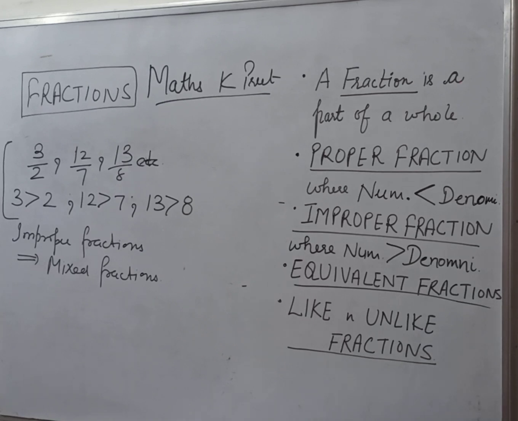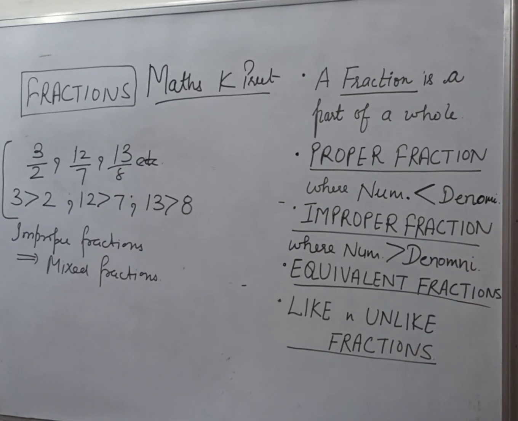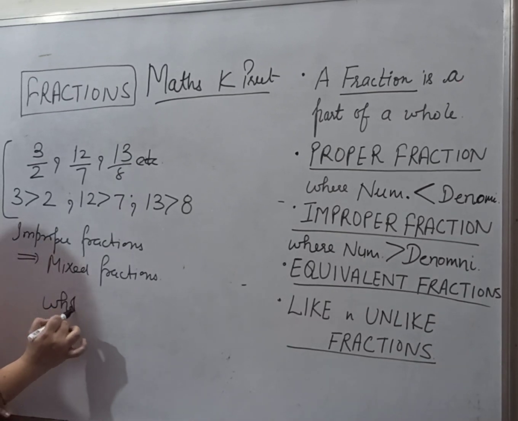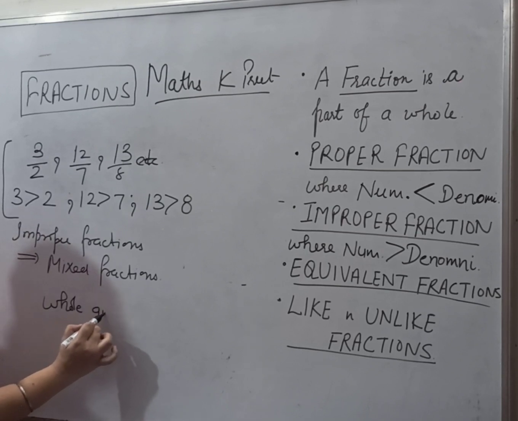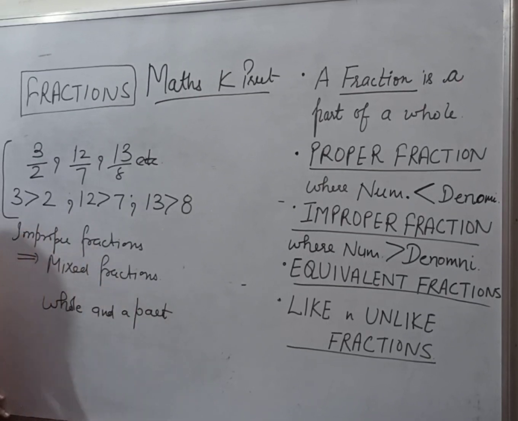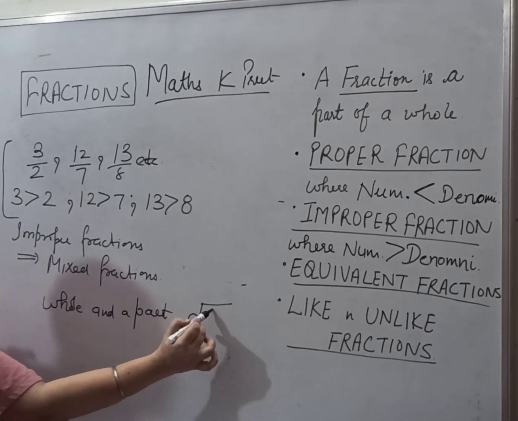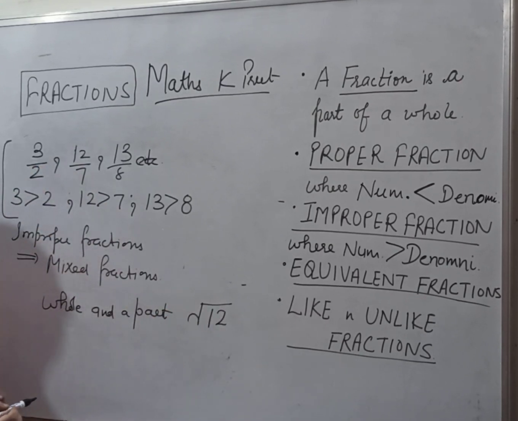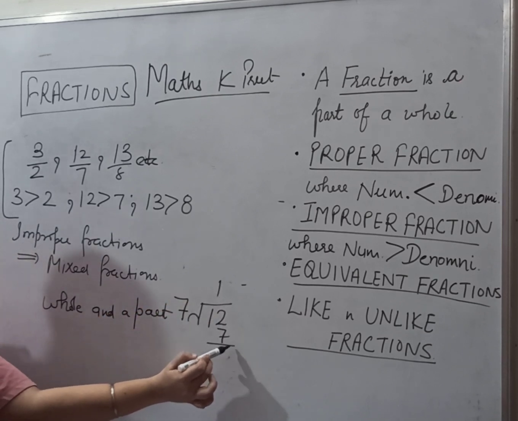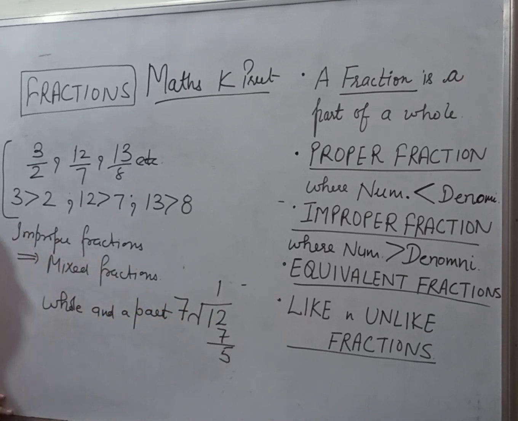A mixed fraction is basically a combination of a whole and a part. Let's take this example, 12 by 7. We divide 12 by 7 as the divisor: 7 ones are 7, left with 5.